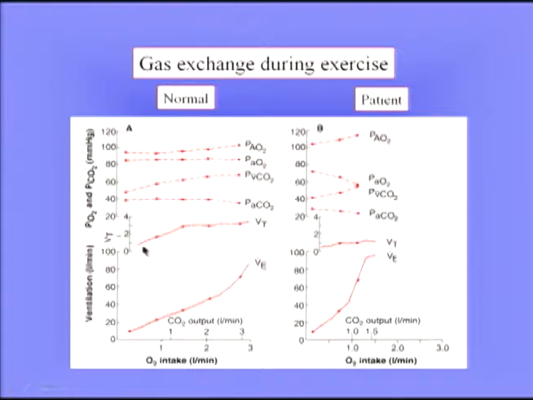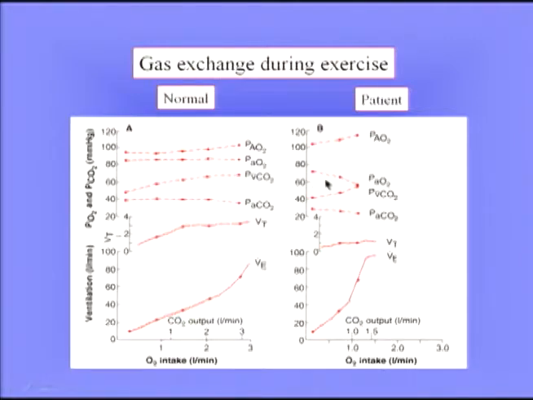You'll also notice that there was quite a substantial increase in tidal volume when he exercised, as you would expect, and also that his arterial PO2, shown here, hardly changed when he went all the way from rest up to a fairly high level of exercise, 3 liters a minute. There was almost no change in his PCO2 as well. So that's the normal pattern on exercise.